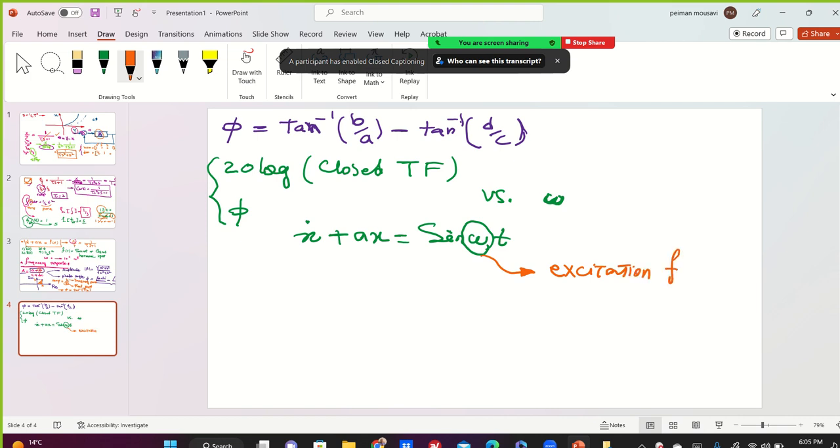Yes. Frequency. The most trivial case that you heard recently, it was a catastrophe in Turkey. What happened in Turkey, guys? Yeah, earthquake. An earthquake we can model for a short period of time as a harmonic input to the system, excitation.